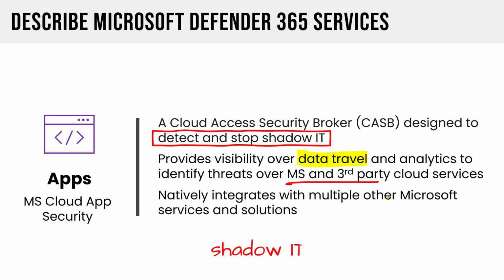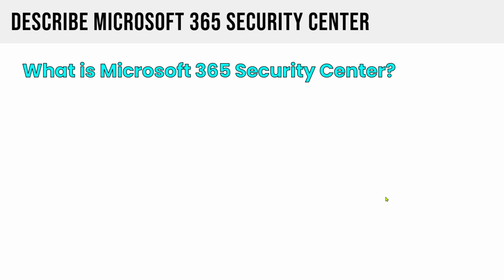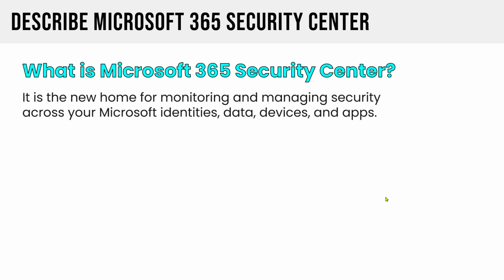So moving on, we're going to talk about Microsoft 365 Security Center and what Microsoft 365 Security Center is exactly. It's really the new home for monitoring and managing security across your Microsoft 365 Defender services, which focus on identity, data, devices, and apps.